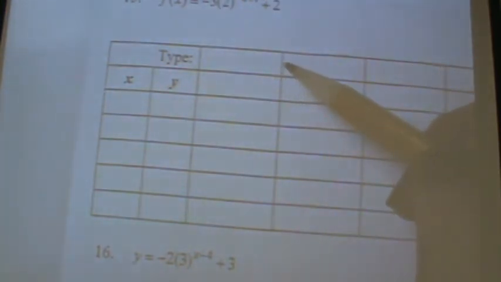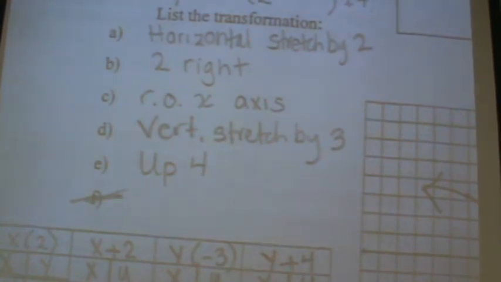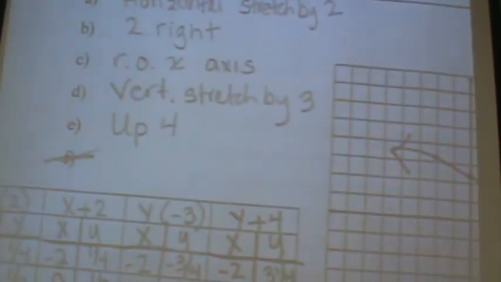Yes? For the last problem we did, why did you put for C the reflection over the x-axis? Wouldn't it be the y-axis if it's for C? No, because it would have been like this, and we reflected it over the x-axis. Yeah, but we did it on C. Wouldn't that be D?